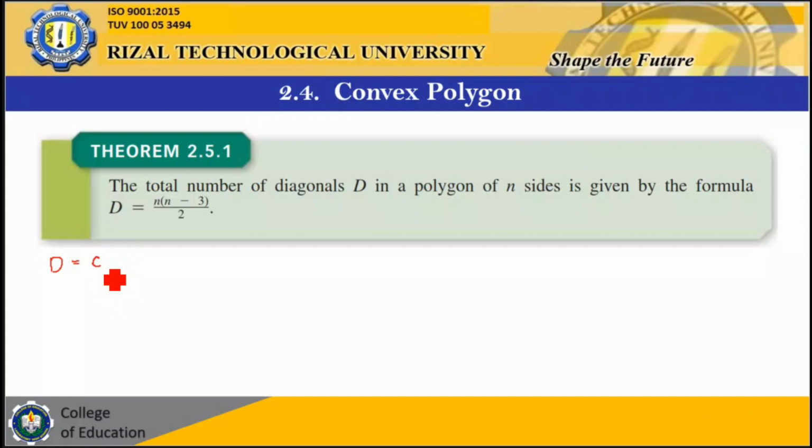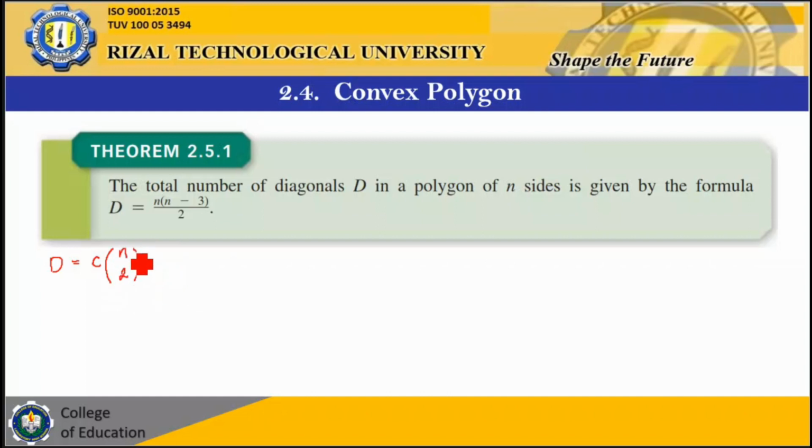So a combination, in your first year mathematics under statistics and probability, the combination of n given 2 at a time.